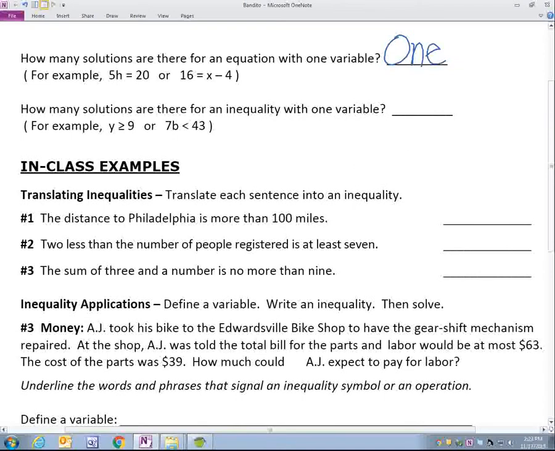Over 9,000. Okay, getting warmer. What do you think? There is an infinite number of solutions. That means infinity. It is a sideways loopy 8, I guess.